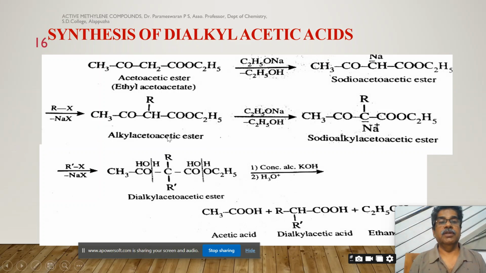See here, first R, second again C2H5ONa and R dash X. So R dash in the place of the second H, followed by concentrated alcoholic potassium hydroxide, meaning acid hydrolysis. So what will happen? It is converted to R R dash CH COOH, that is dialkyl acetic acid.